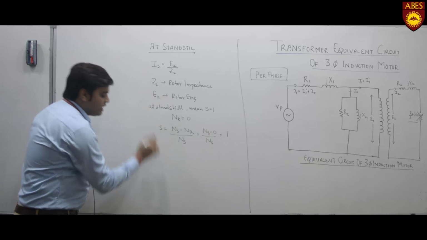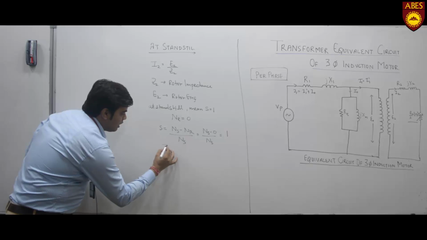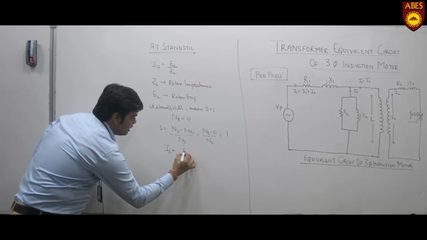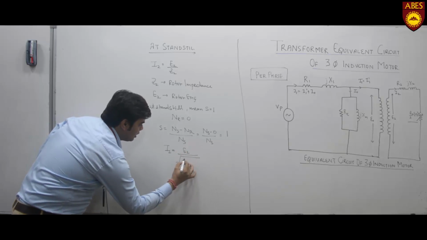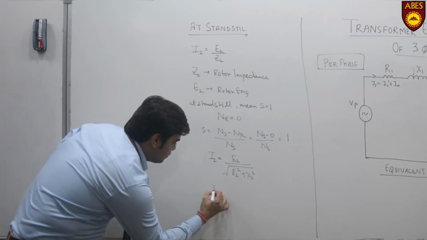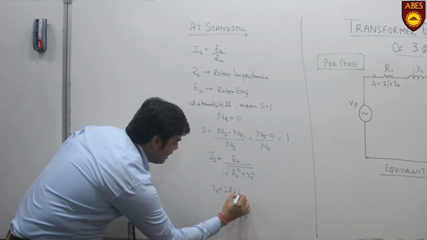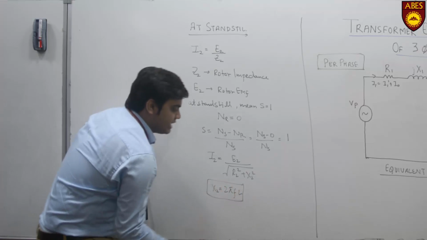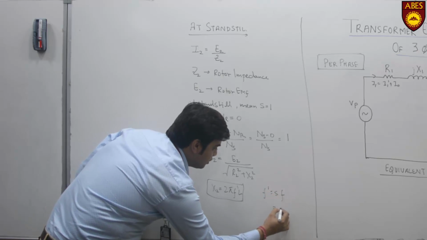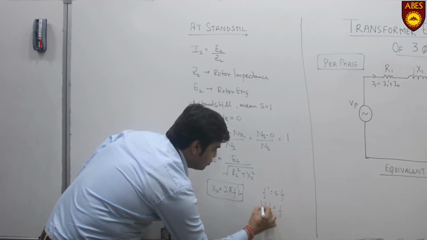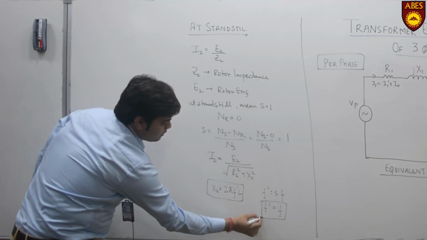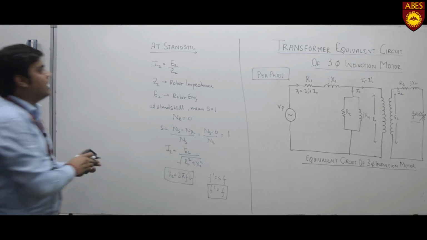In this case, I2 is equal to E2 upon the square root of R2 square plus X2 square, where X2 is 2 pi FL. In case of standstill, F dash is equal to SF, S is equal to 1, so F dash is equal to F. So this is the case of standstill.